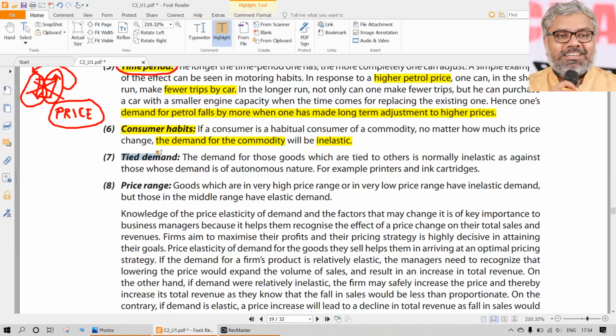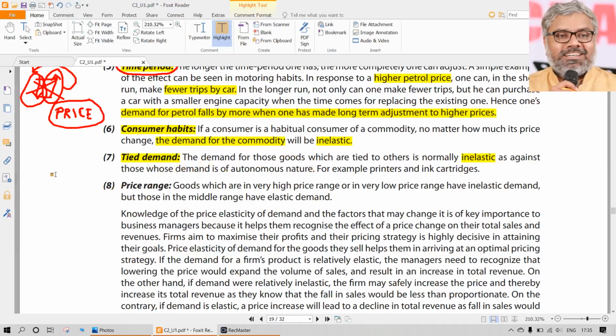And sometimes the demand could be a tied demand. Tied demand can also be known as related demand or dependent demand. So tied demand means what? The demand for these products is tied to some other products. So the goods which are tied to others are relatively inelastic. Why? Because they do not have their own demand. Their demand depends upon others' demand.